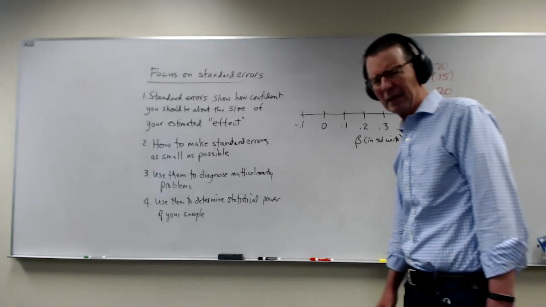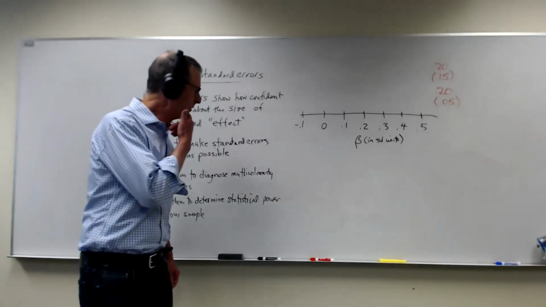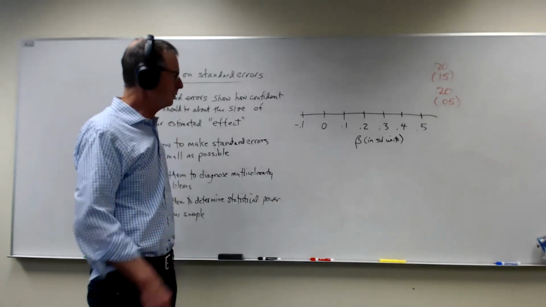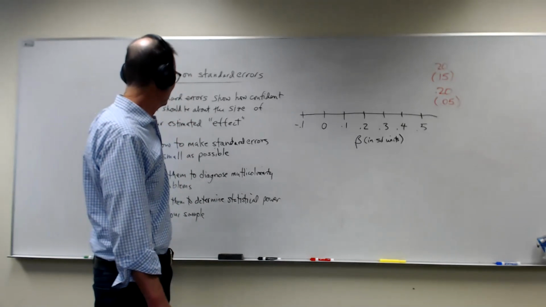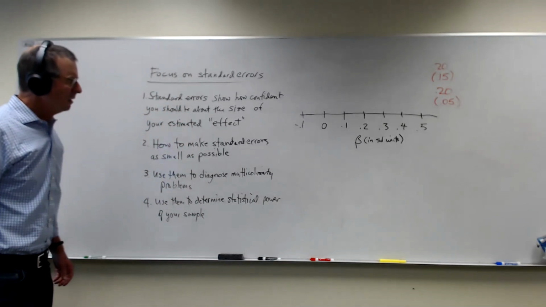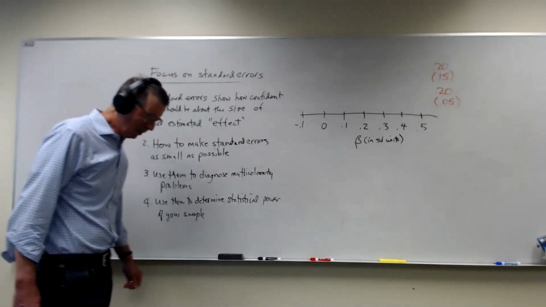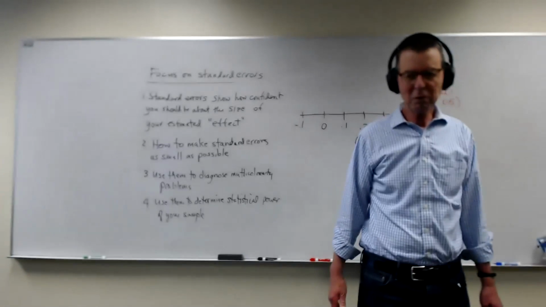This is not something that I have had in past classes, but it occurs to me it might be useful to consolidate what I have to say about standard errors in one little segment here. So, I've been talking about how important the coefficients are, right?